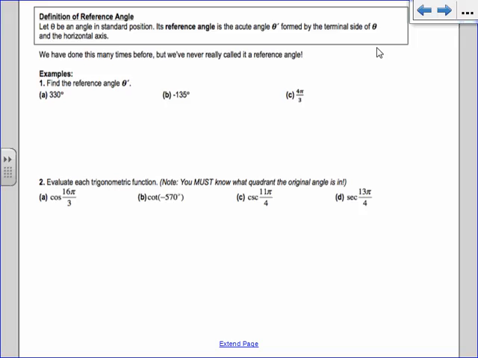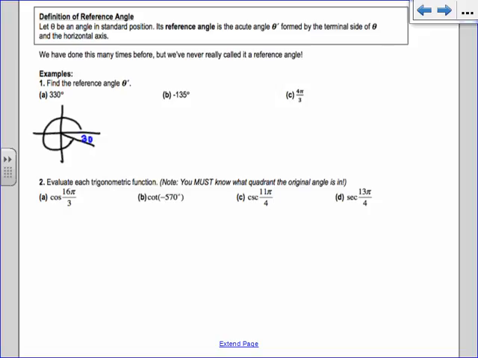So the definition of a reference angle. I kind of mentioned it earlier. The reference angle is the acute angle where you could draw a little acute triangle and find the same values, find the sine, cosine, and tangent of the smaller angle. So if I talk about the reference angle for 330 degrees, well, 330 degrees goes almost all the way around, except it's 30 degrees away, right?